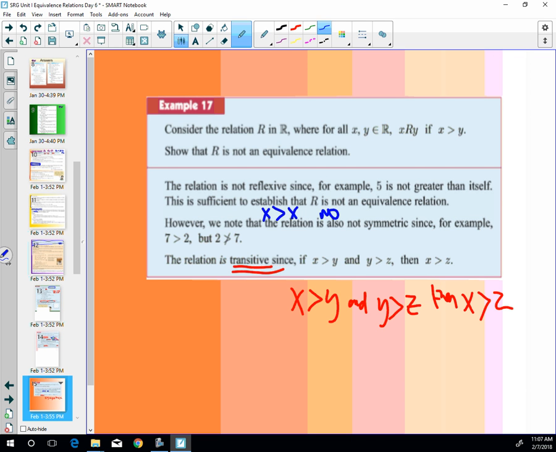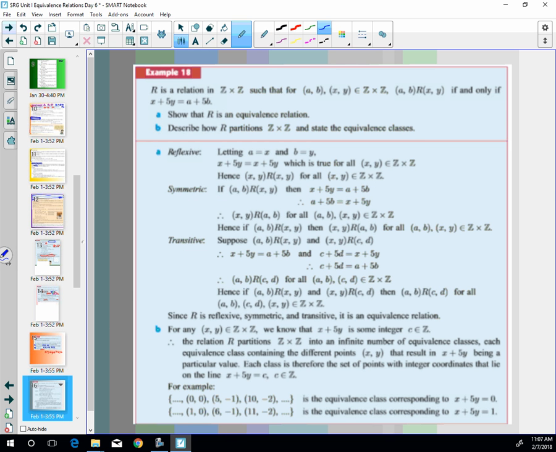And then, of course, if x is greater than y, then is y greater than x? That's a no, too. So since at least one of those doesn't work, it's not an equivalence relation.